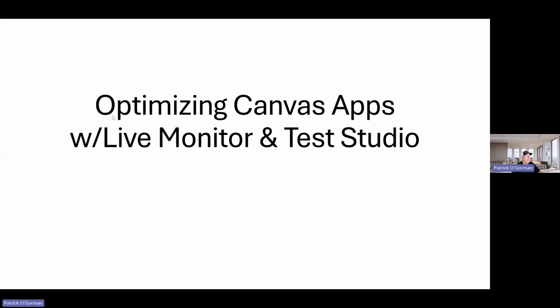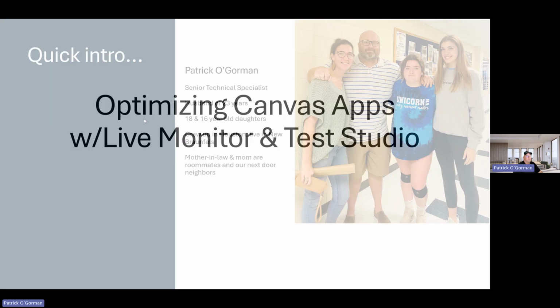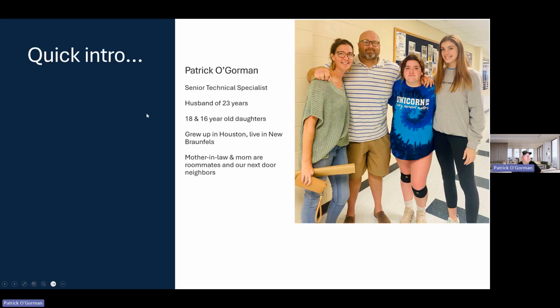So with that said, the first thing we're going to do is a quick intro really quick. I know I didn't do an intro up front. My name is Patrick O'Gorman. I'm a senior technical specialist. I work primarily with low code, but I've been working with Dynamics for close to 20 years now. I started out doing .NET development out of college in the .com days.